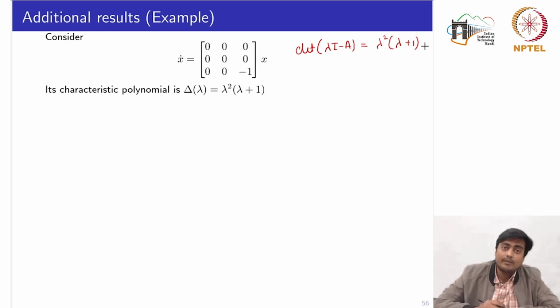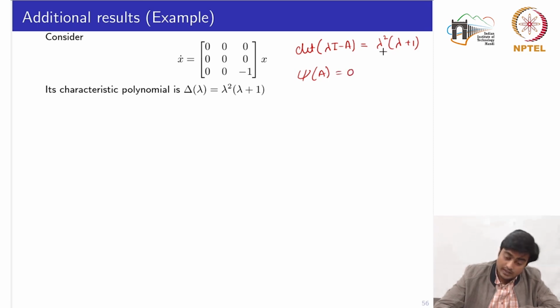Now I want to find a polynomial psi of s which is of lesser degree than this. It has a degree of 3 and it also satisfies psi of A equal to 0.